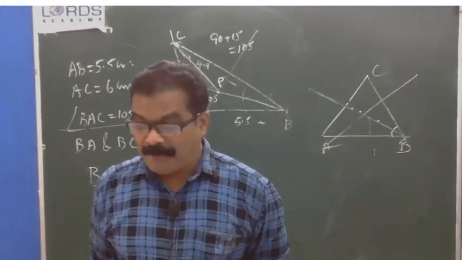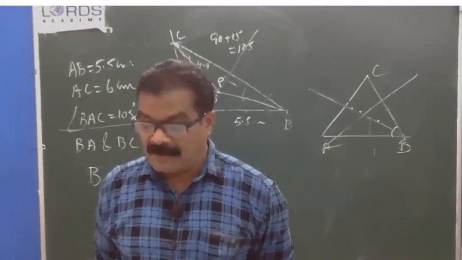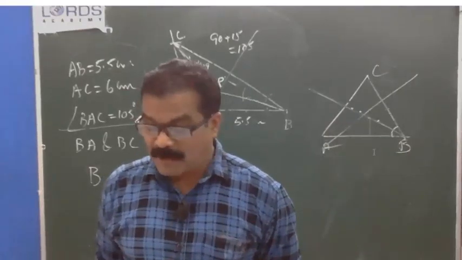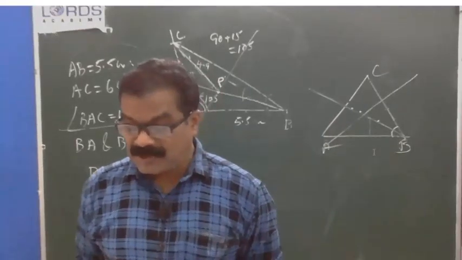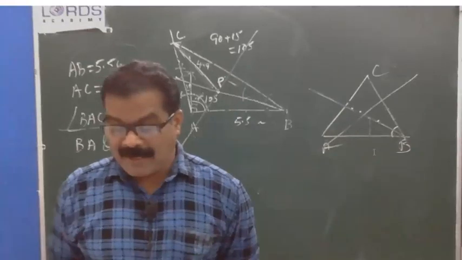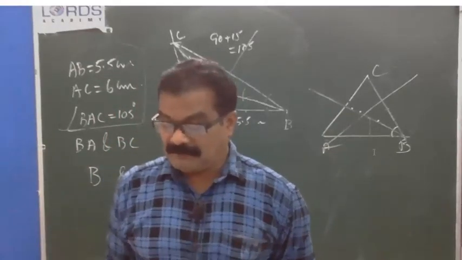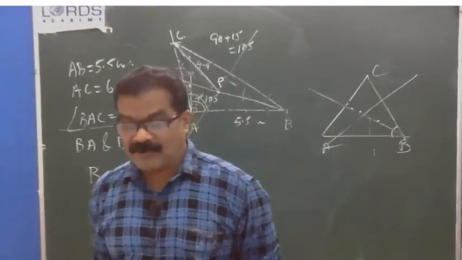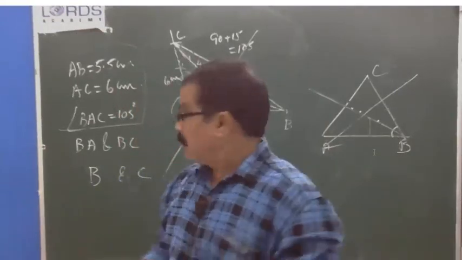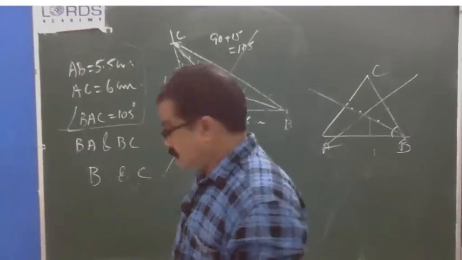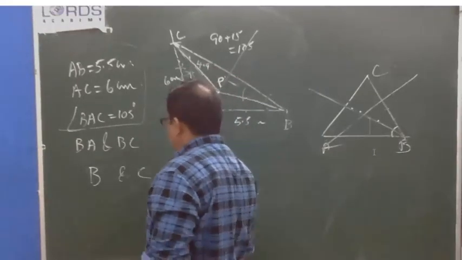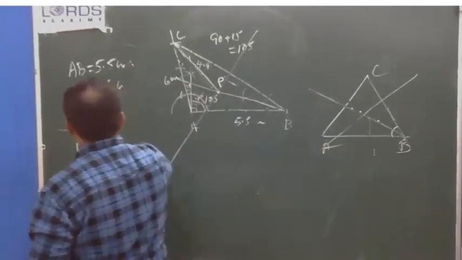Find a point P on the circumference of the circle which is equidistant from AB and BC. Measure angle BCP. It's a variety question. All of you take this question in your notebook first.